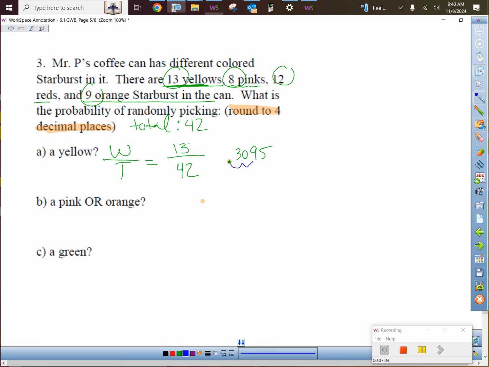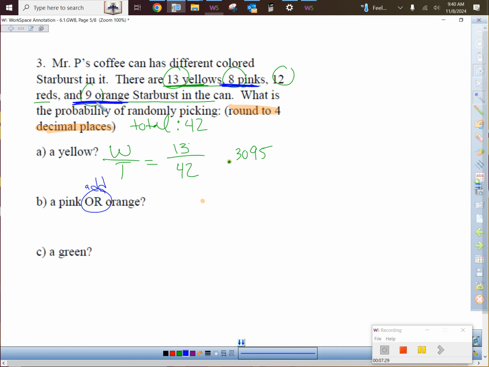Cool. What if they said, what's the probability of pulling out a pink or an orange? Make a note for yourself because the chapter will get a little more complicated as we go. Or means add. Or means add those things together. So if they want you to pull out a pink one or an orange one, we need to add up all the pinks and the oranges. There are 8 pink Starbursts and 9 orange Starbursts.